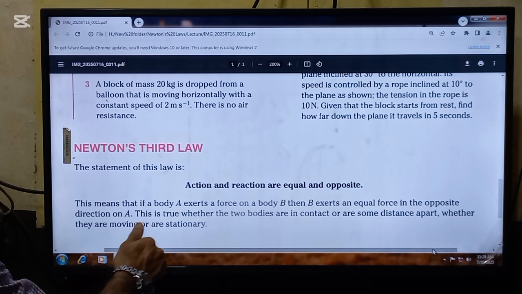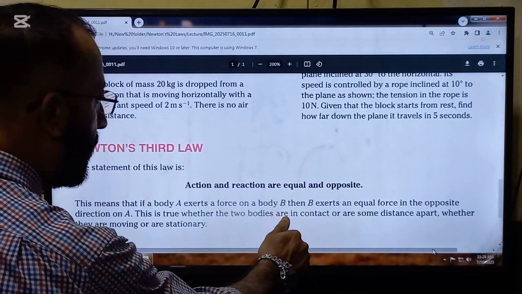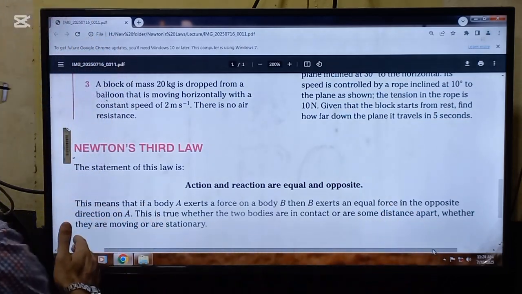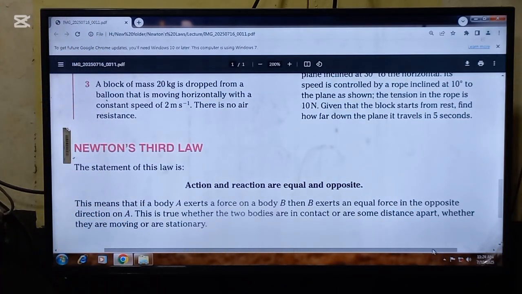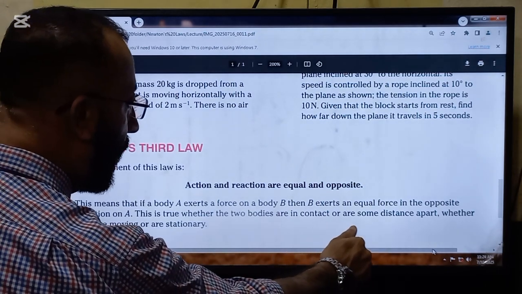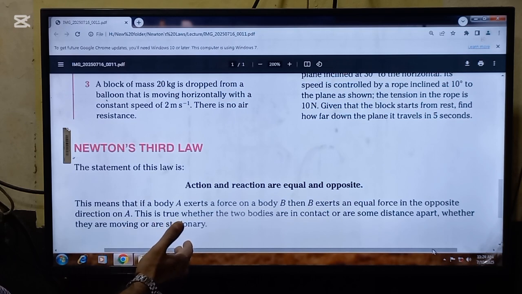This means that if a body A exerts a force on body B, then B exerts an equal force in the opposite direction on A. This is true whether the two bodies are in contact or some distance apart, whether they are moving or stationary.